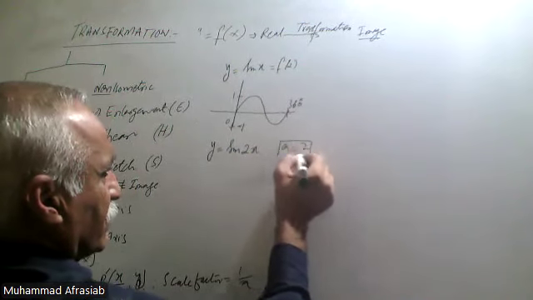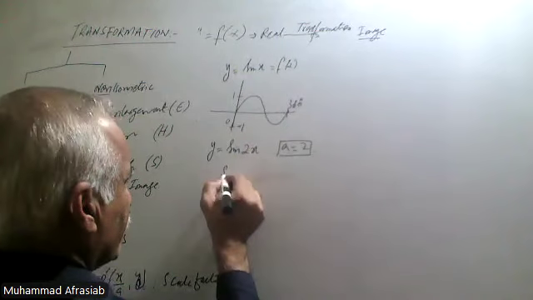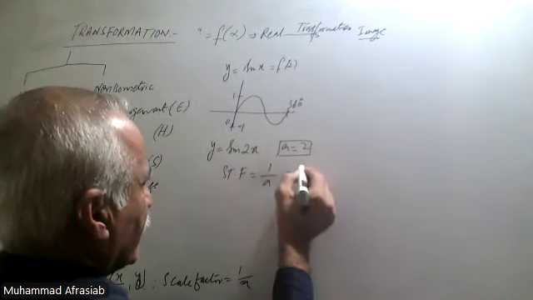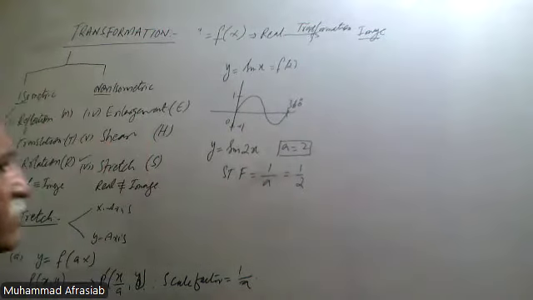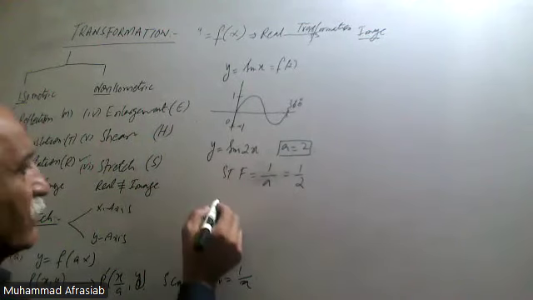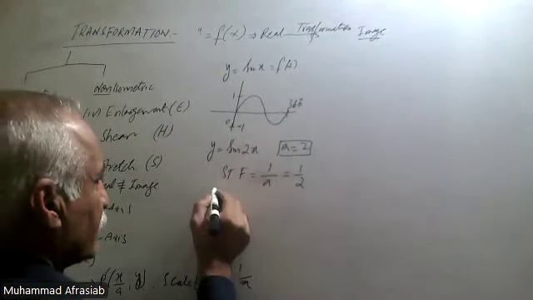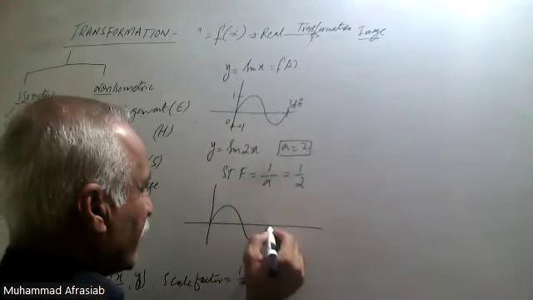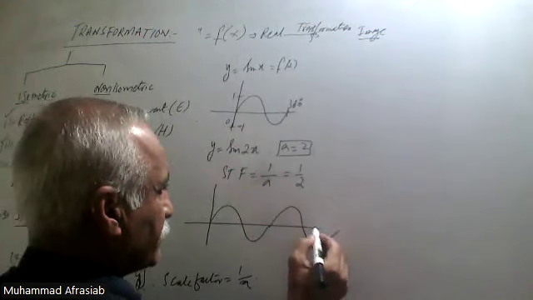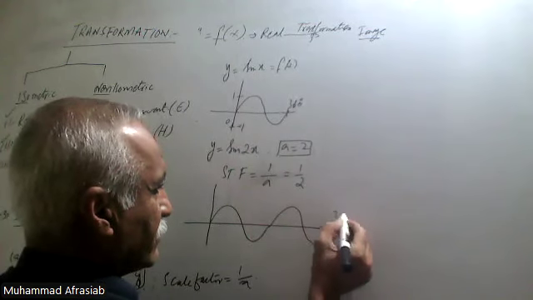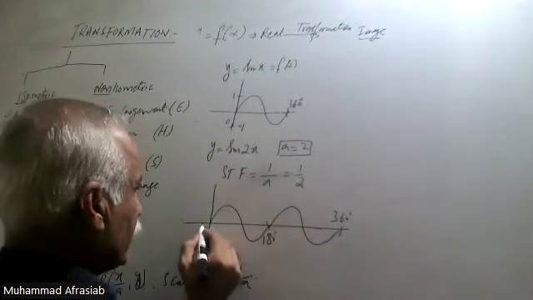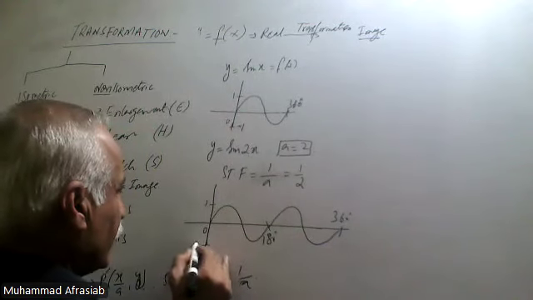So the stretch factor for this will be 1 over a, which is 1 over 2. So now we have to draw the graph of this new function y is equal to sine of 2x. Then this means every value of x will be halved. So up till here it should be 360, this should be 180, this should be 0, 1 and minus 1.